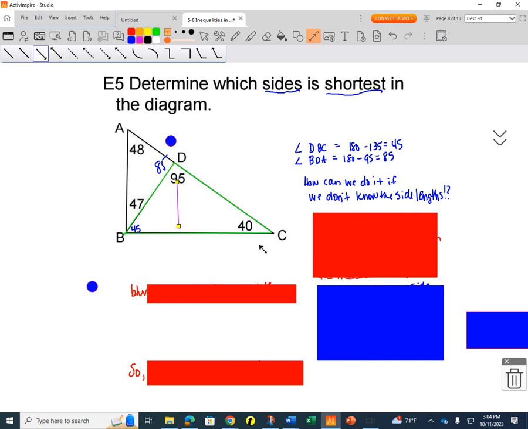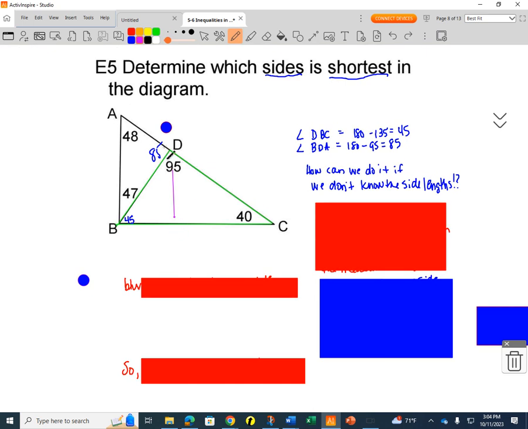So I'm going to give it a length of 15. BC is not 15 units long, all right? We just know we have to have some measures to compare, especially since they're sharing. The only way to do it when they're sharing one side with another triangle is to assign it a random length. So 95 is the biggest angle, so BC has to be the longest side.